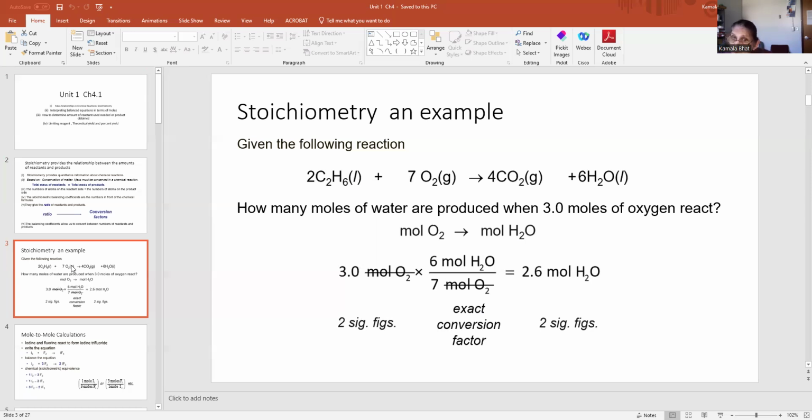Now, because this amount of water can also be expressed in mass, we can convert it. All you have to know is that in 1 mole of water, there is 18.02 grams of water. So to get it in grams, all you have to do is multiply 2.6 times 18.02 grams of water, and you get your answer in mass.